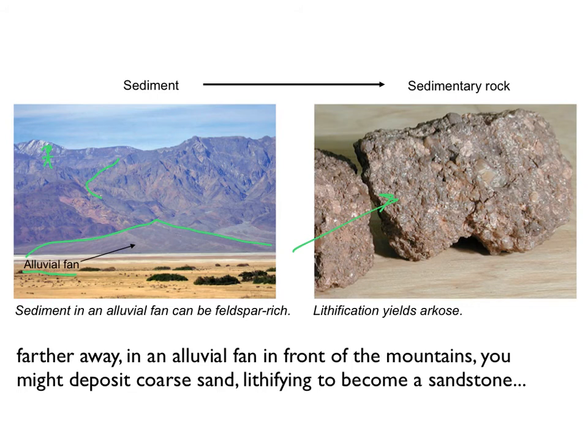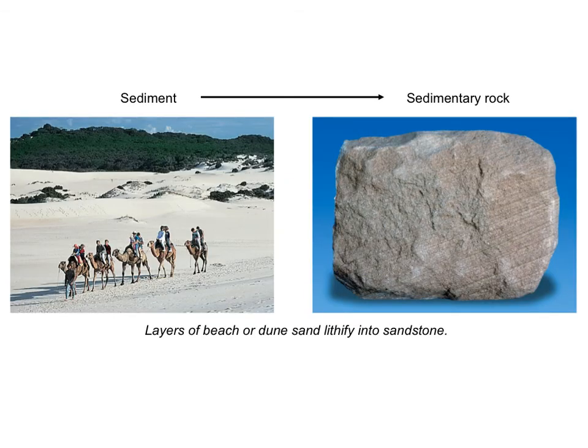And now let's pretend that we've gone from the alluvial fan, where we made, in this case, a really coarse sandstone, and we're going to come out into the valley floor. And this sandstone from the previous slide looked very different. So now we're in the lowlands away from the mountains, but we're not all the way out to the oceans yet.